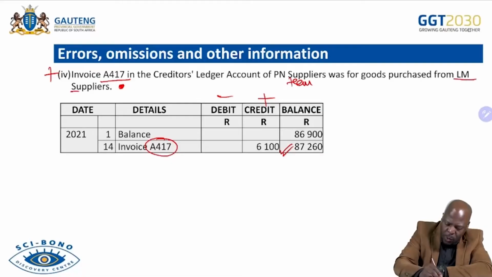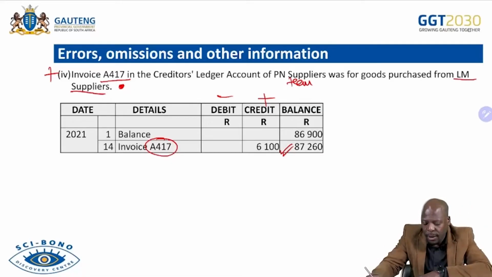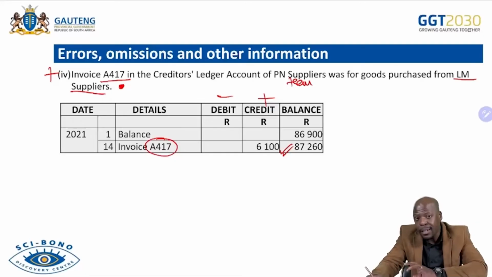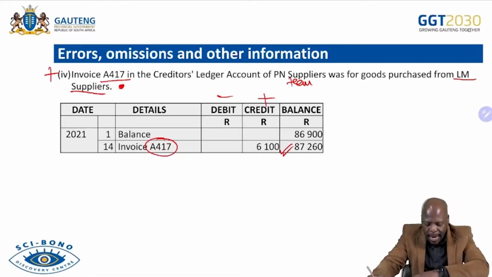LM Suppliers. Who's LM Suppliers? He is our other supplier. Does it have to do with PN Suppliers? No, it is nothing to do with PN Suppliers. So it is an amount that has been recorded on the right side, yet it is in the wrong account. This should not have been in the PN Suppliers ledger.